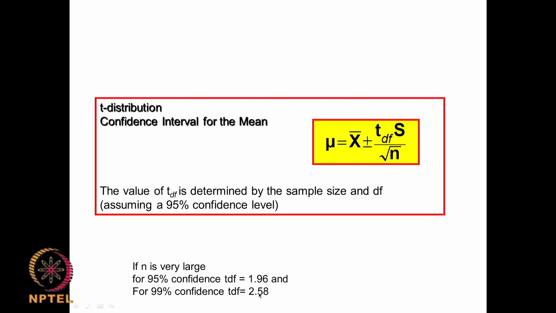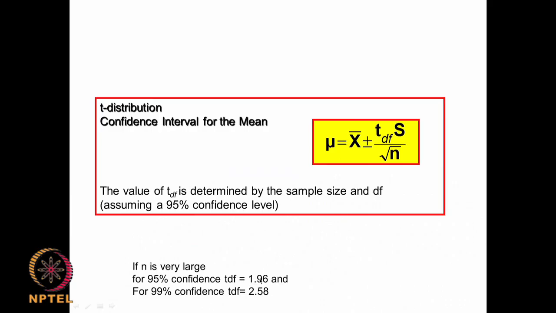Long time back, I did mention how these 1.96 and 2.58 can logically come. For very large n, in a normal distribution, plus or minus 2 sigma occupies approximately 95% of the area, and plus or minus 3 sigma occupies the 99% area. Instead of 2 and 3 here, we are using 1.96 and 2.58 because we are using the t distribution.